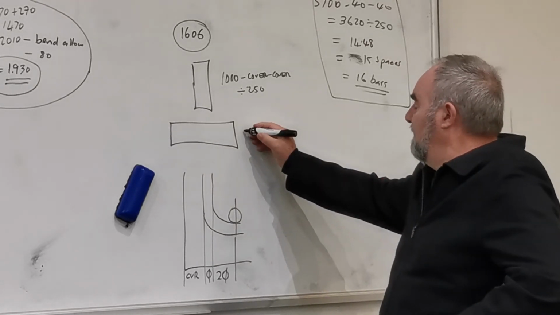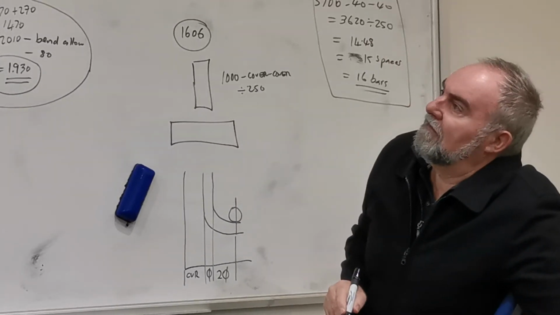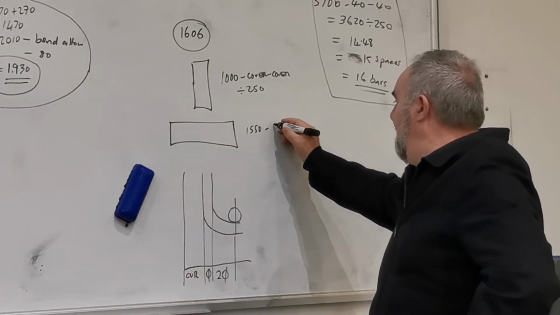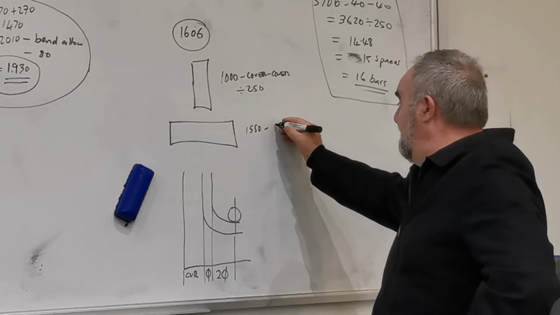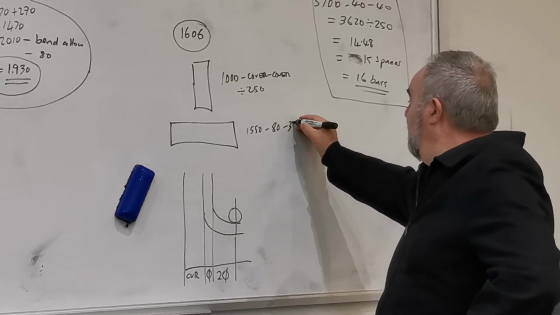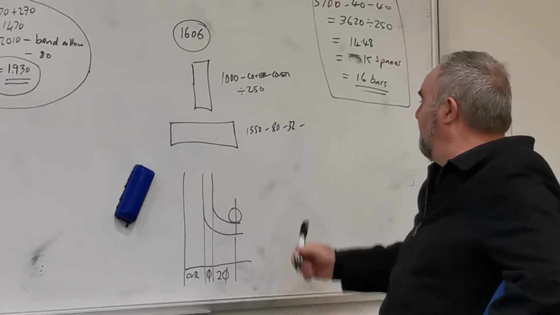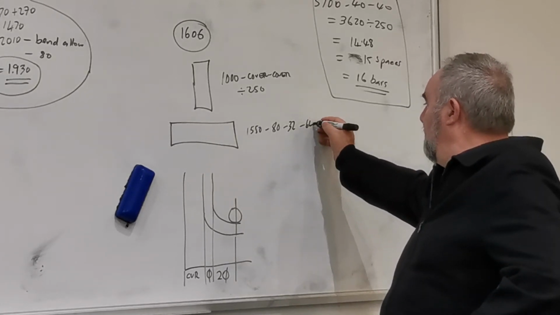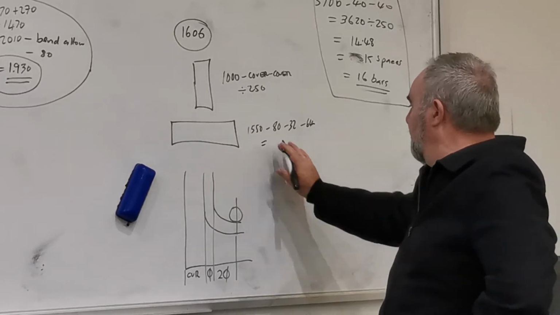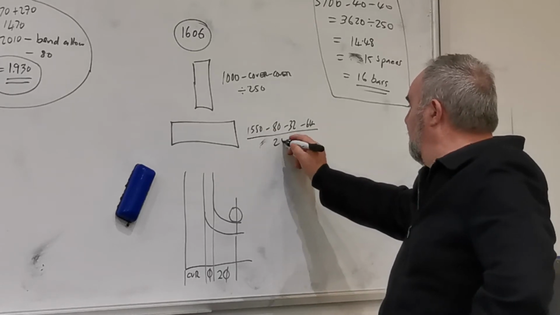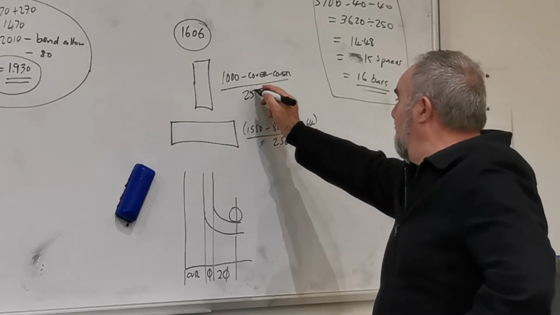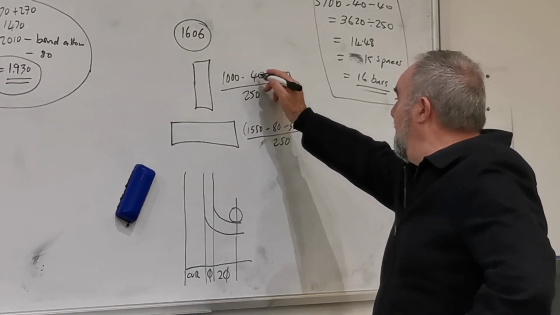So what's the length of that? 1550 minus 2 lots of cover, which is 80, minus 2 lots of the bar diameter, which is 32, minus 2 lots of 4 times the bar diameter, 64. So that's going to be equal to all of that divided by 250. That's cover of 40, and that's cover of 40.